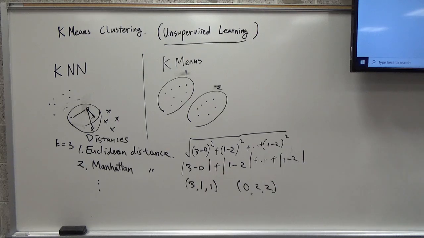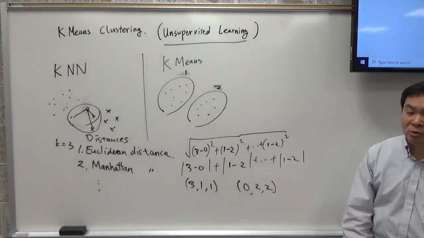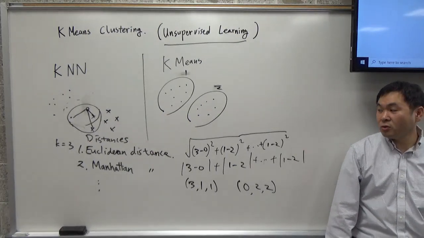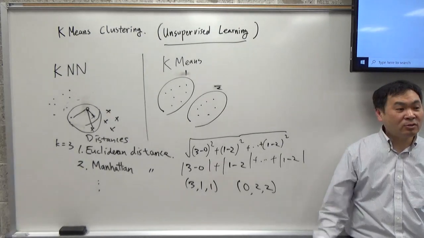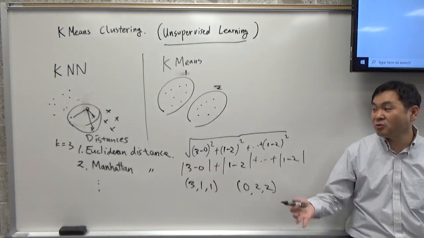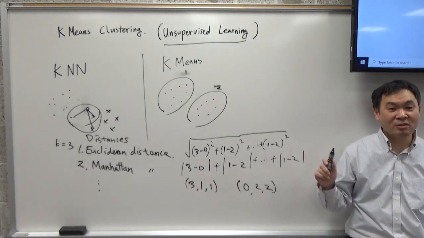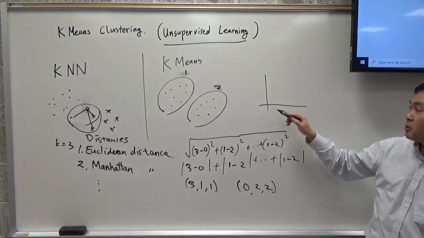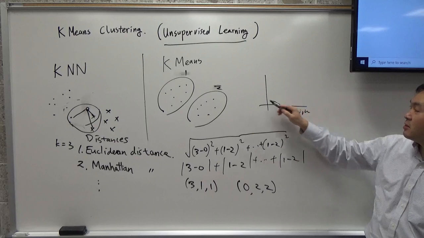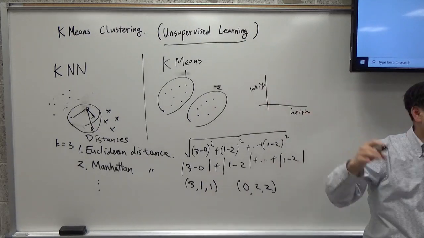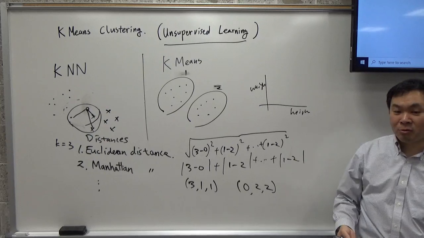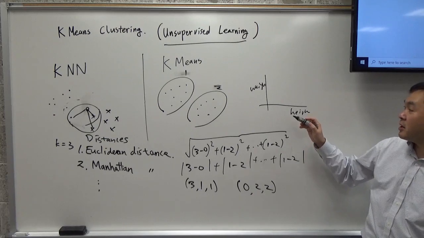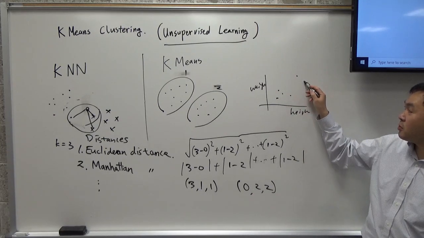But here's another problem. In both cases, when you're calculating either Euclidean or Manhattan distance, you're assuming that the feature sets are measuring something similar. At least you want them to have the same units. So for example, if you had a group of people where you had height and weight, and let's say you're using this data to predict how much blood cholesterol the person would have or something like that, then you have certain points.